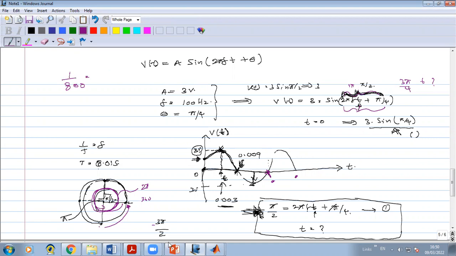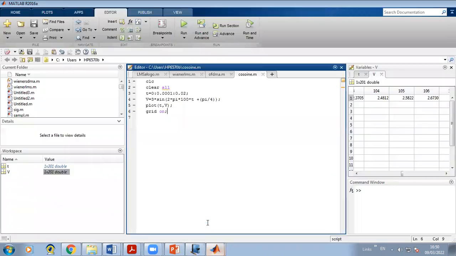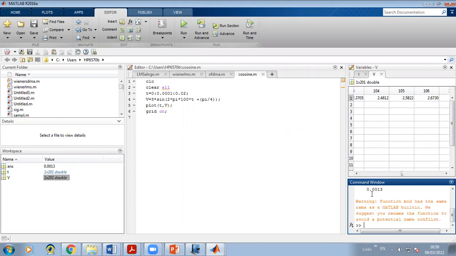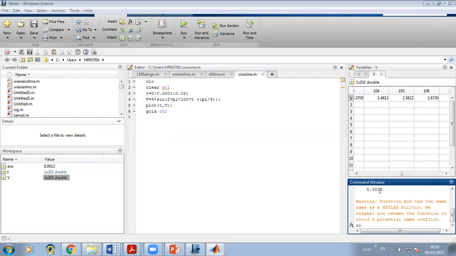So I will use MATLAB. That is 1/800, no? It is 0.0013, not 0.003.